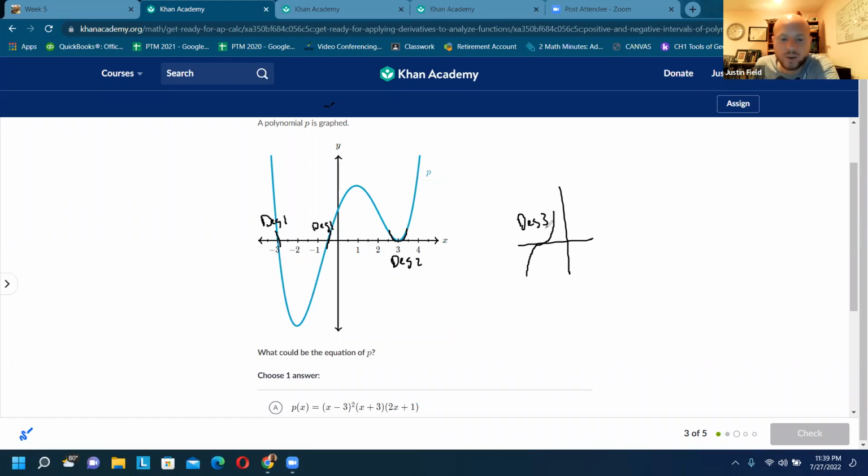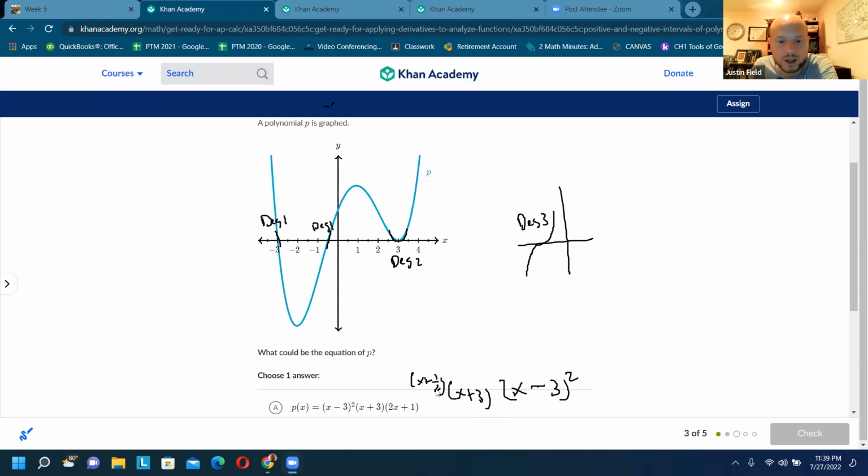So let's find one where x minus 3 is going to have to be squared. X plus 3 is going to be normal. And then x plus 1/2, something like that, 2x plus 1 is going to be degree 1. So it's looking like this guy right here.